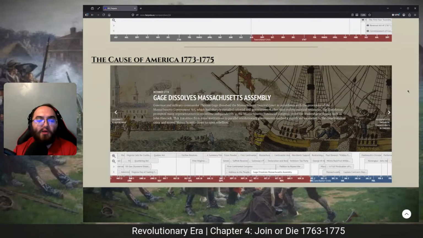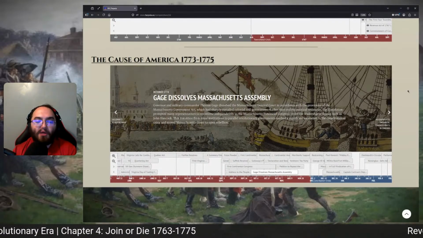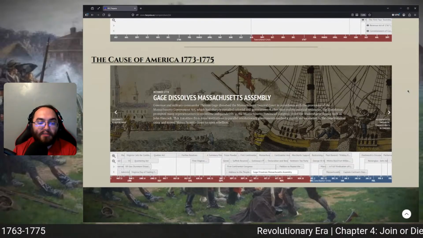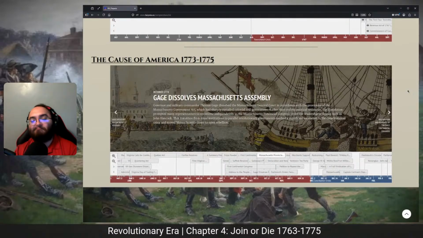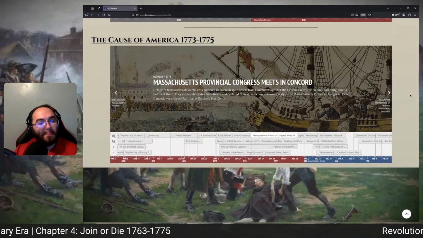This transition from royal institutions to parallel revolutionary governments marked a significant escalation in the constitutional crisis and moved Massachusetts closer to open rebellion. Oh, things are starting to get really heated.